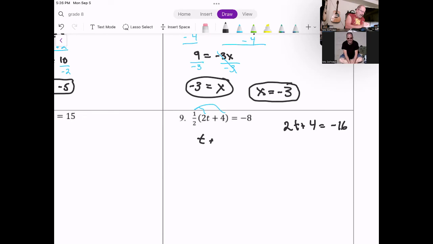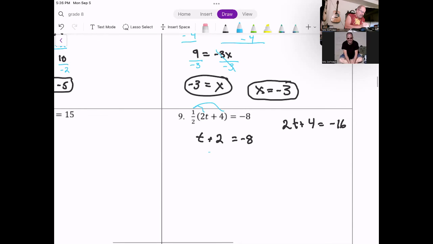Plus 1/2 times 4 is 2. And so here are the two equations I could result in, depending which way I did it. Now I'm just going to simply subtract that 2 from both sides. And I will have t equals negative 10.